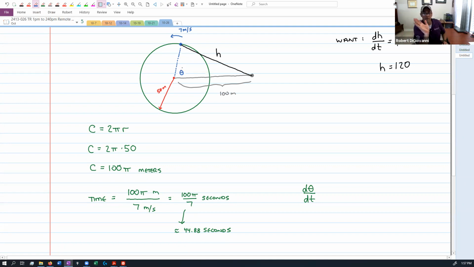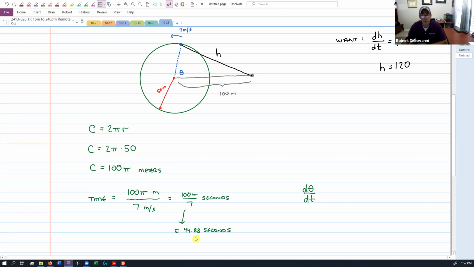If I want to know how fast theta is changing with respect to time, then I need to know how much angle she covers in how much time. She covers 360 degrees in 44.88 seconds, right?